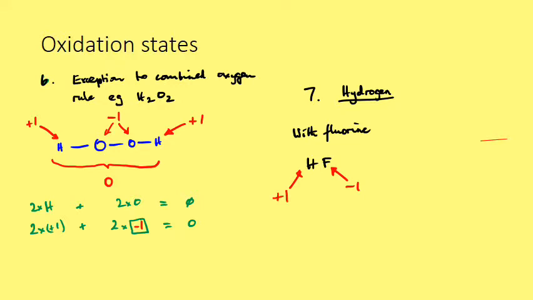Not really very surprising. And that's what happens there. But with group 1 metals, it can form metal hydrides. So let's use the example of sodium hydride.